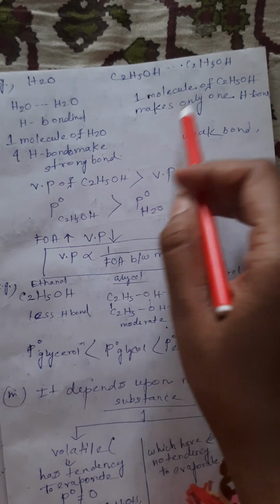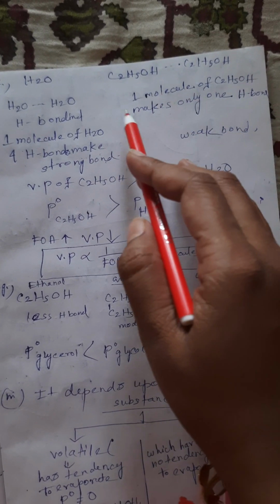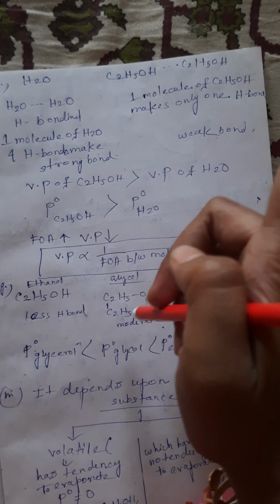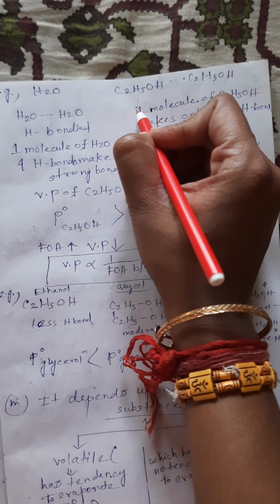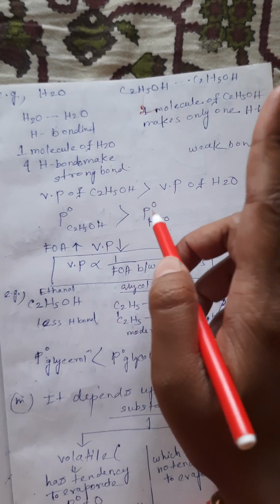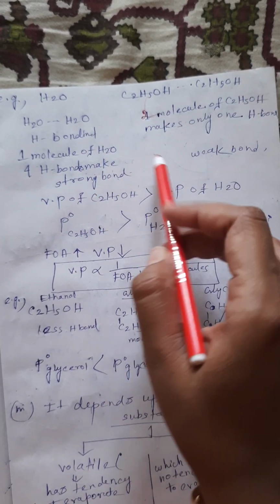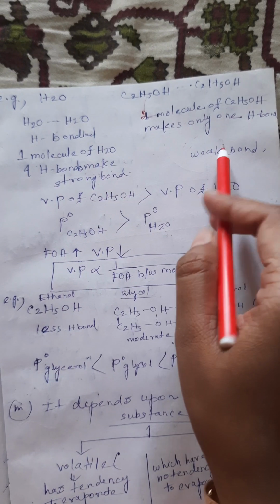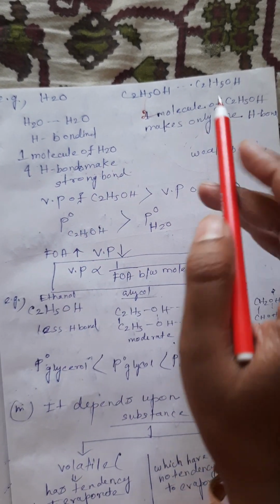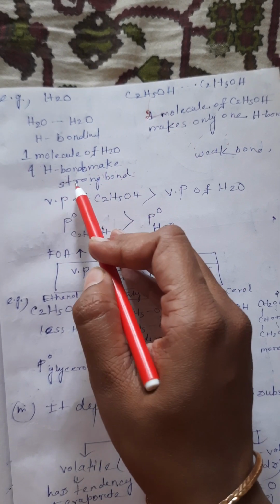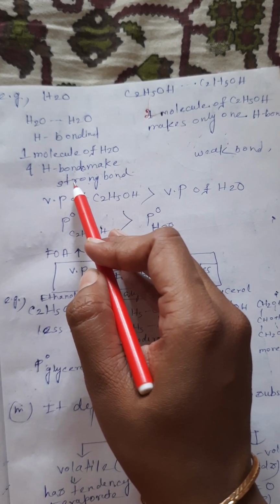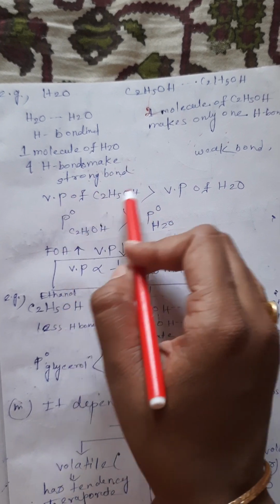Hydrogen bond, we all know, is also a strong bond. But in case of ethanol, 2 molecules of ethanol make only 1 hydrogen bond. After comparison between the 2 molecules of water and the 2 molecules of ethanol, which will have the stronger bonding? Obviously the water molecules. Is this clear? That means strong bond means what?